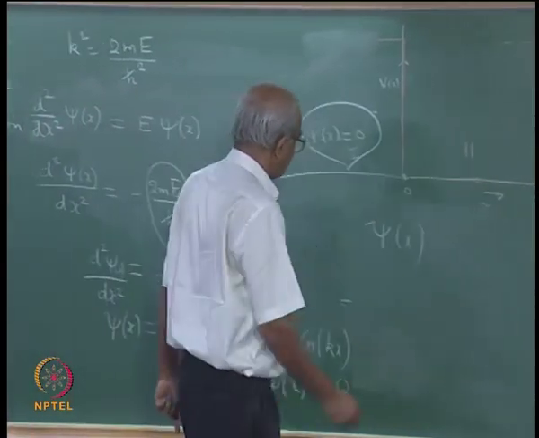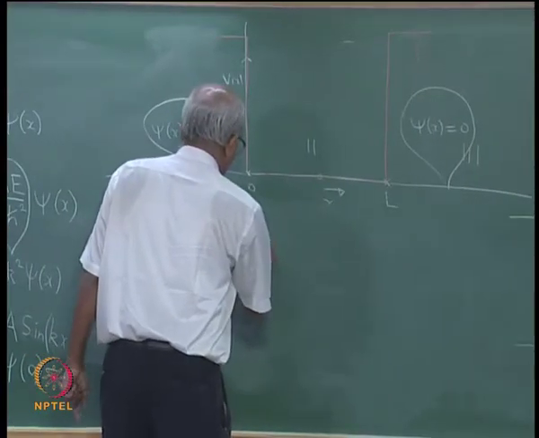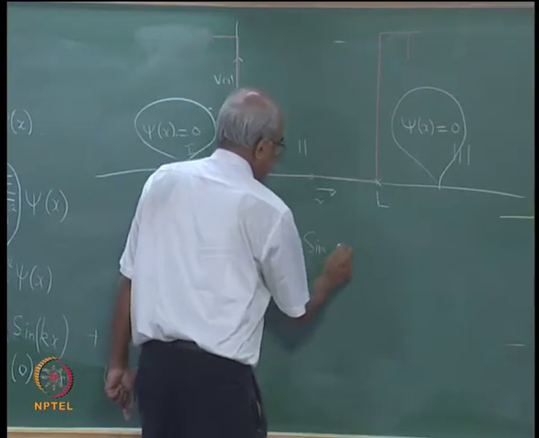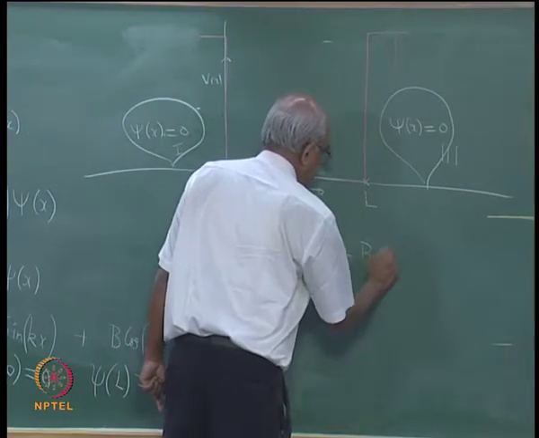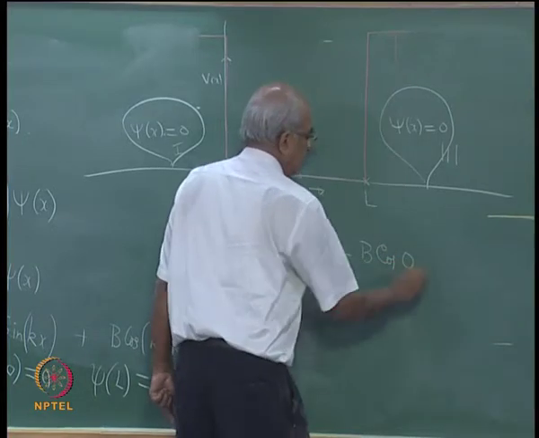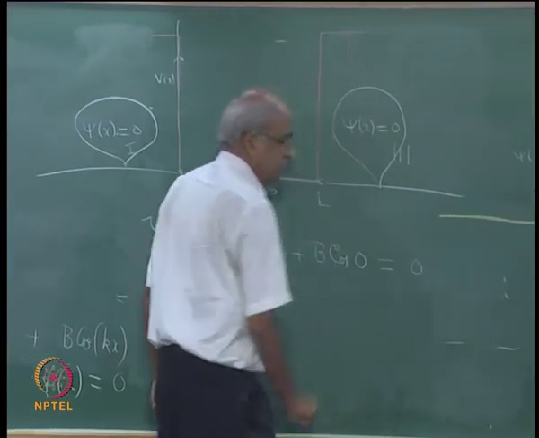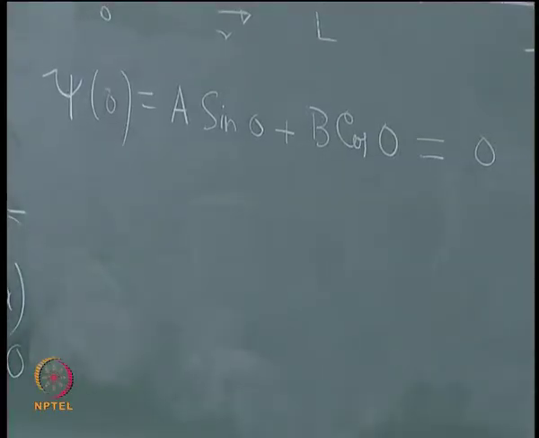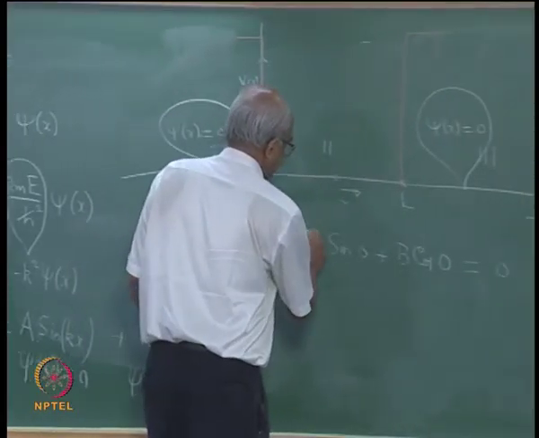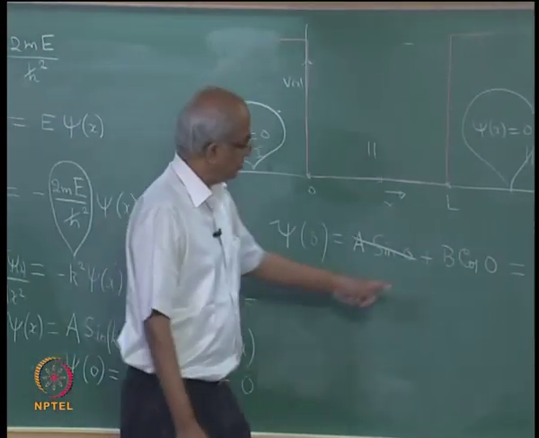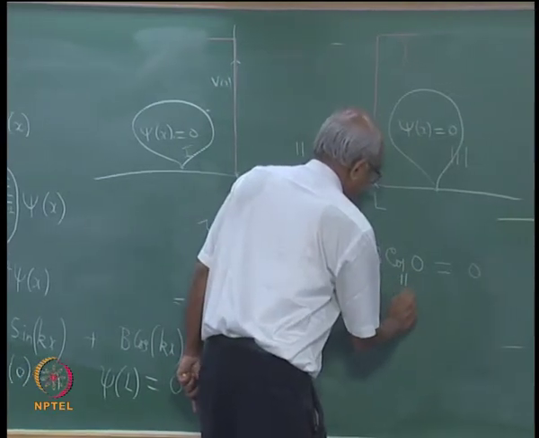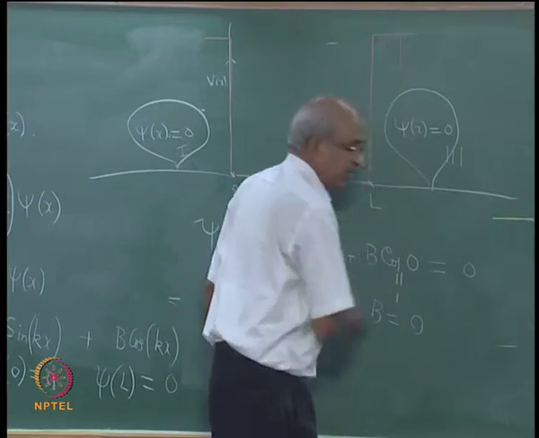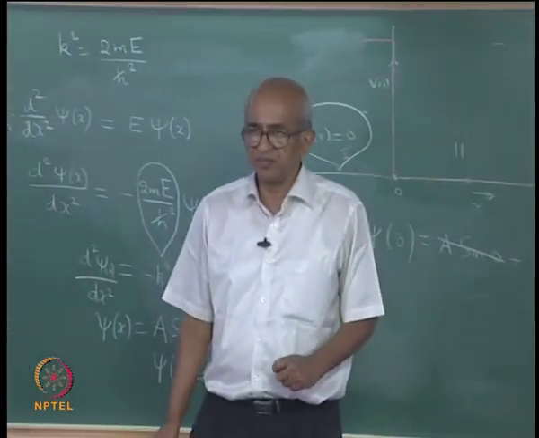If you do that, psi at 0 will be equal to A sin 0 plus B cos 0, and that must be equal to 0. Sin 0 I know is actually 0, so this term simply goes away, and cos 0 is equal to 1. So in order to satisfy the first boundary condition, B must be equal to 0.